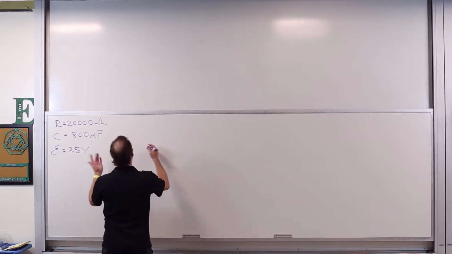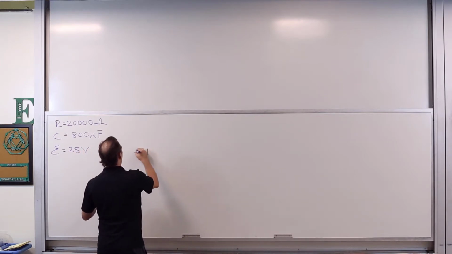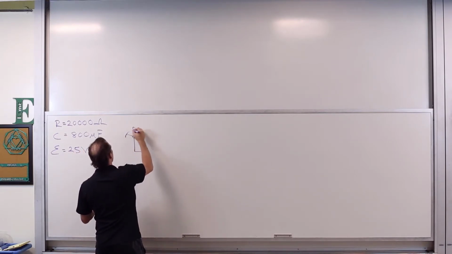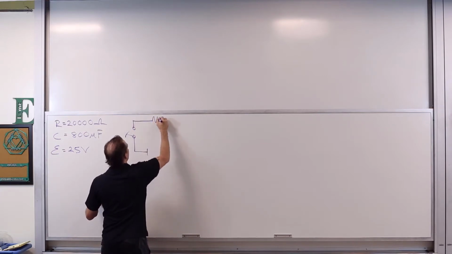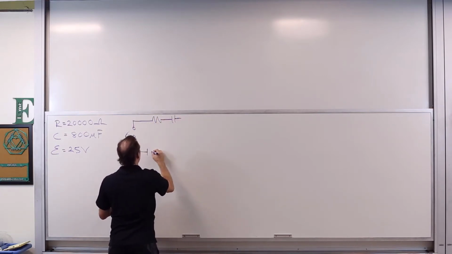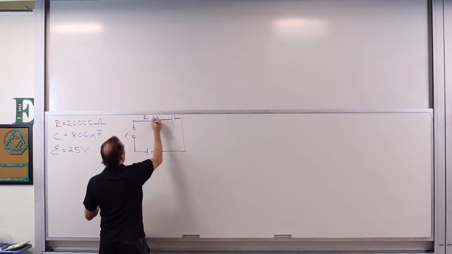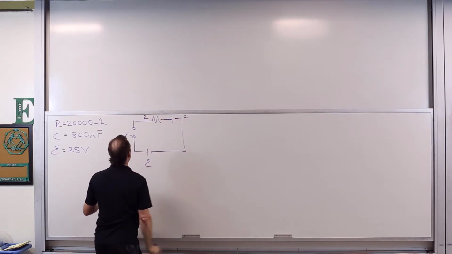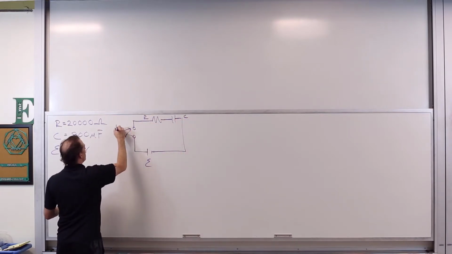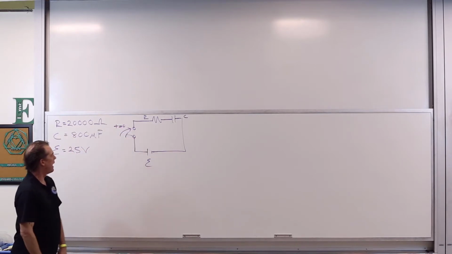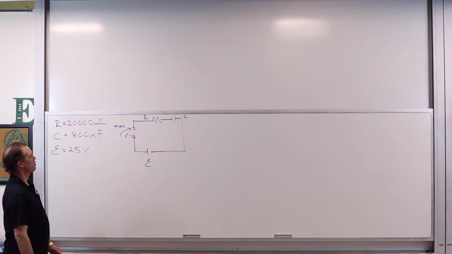So we could draw this out. We don't really need to, but why not, right? Got a switch, close that at t equals 0. Got a resistor, got a capacitor, there we go. So RC, E, close the switch, t equals 0, and boom, capacitor starts charging up.